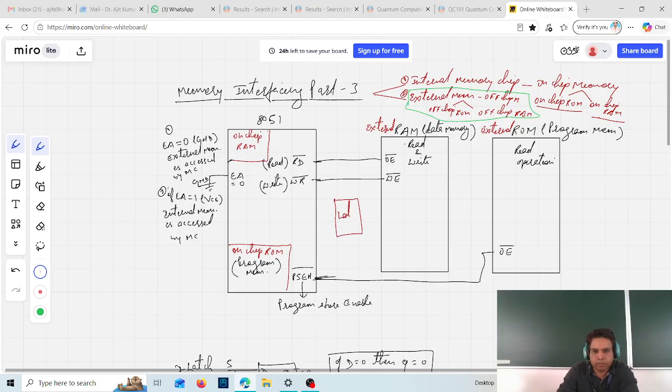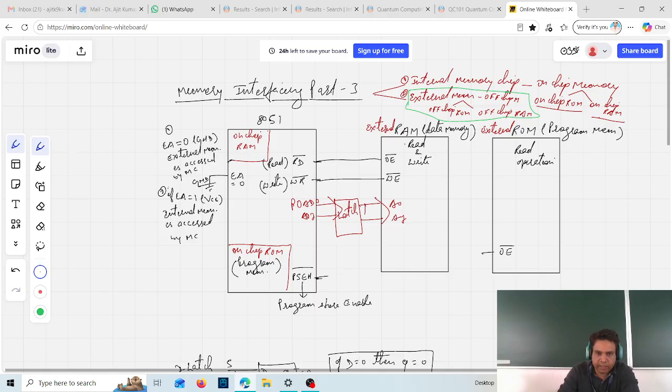Now what I will do is from port 0, I will connect AD0 to AD7 as the input to this latch, and the output of this latch will go as A0 to A7 for this RAM, and the same bus is also connected.